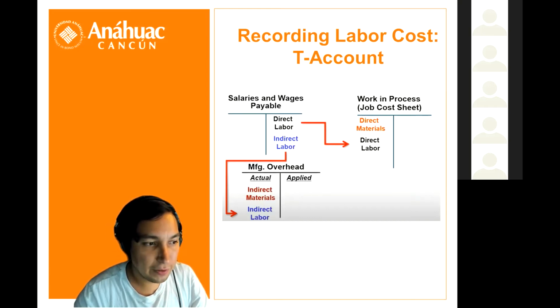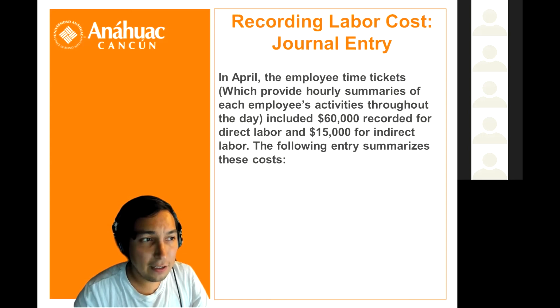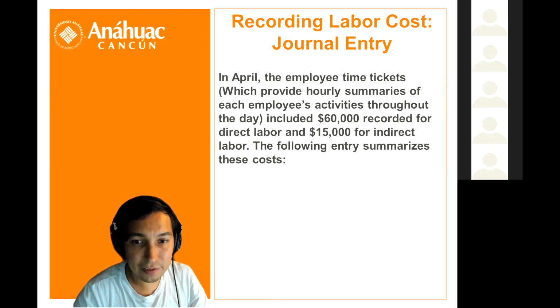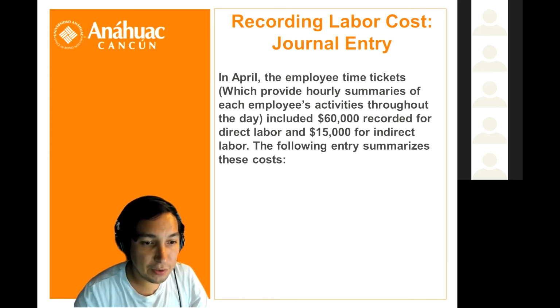Okay. So looking at the Rigor Corporation, the employee time tickets, which provide hourly summaries of each employee's activities, included 60,000 recorded for direct labor and 50,000 for indirect labor. The following entry summarizes these costs.